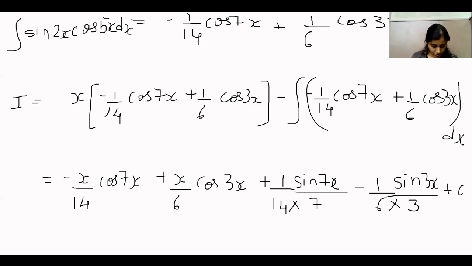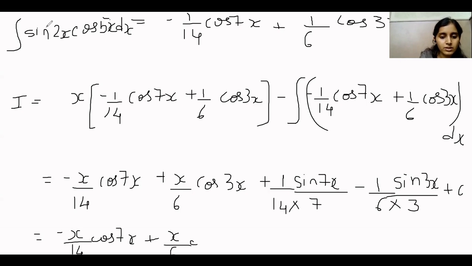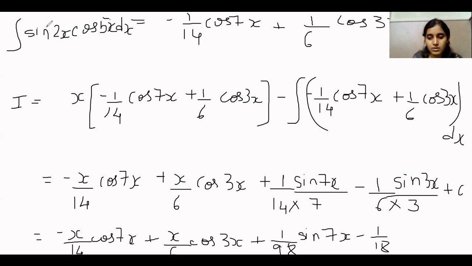Now the last part is to multiply the denominators that are remaining. So let me write the final answer: minus x upon 14 cos 7x, first term, plus x upon 6 cos 3x, plus 1 upon, what is 14 into 7, 98 sin 7x, minus 1 upon 18 sin 3x plus c.